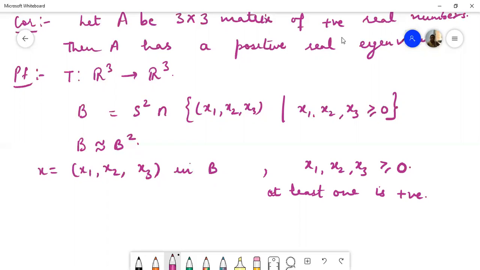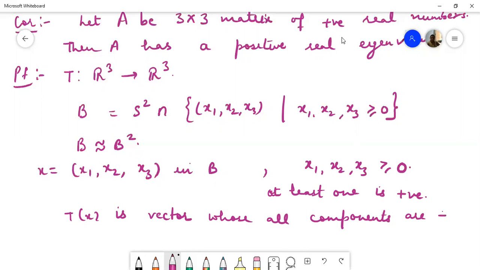So now the given matrix A has all entries which are positive real numbers. So it means the vector Tx is a vector whose all components are positive, since the given matrix A has all positive entries.